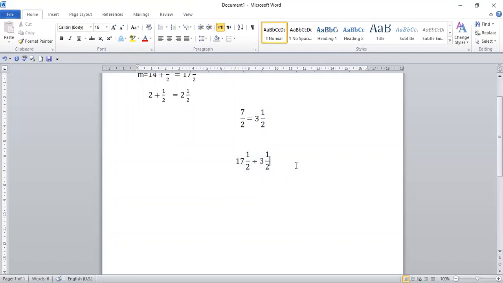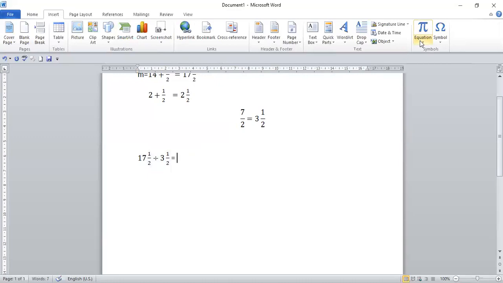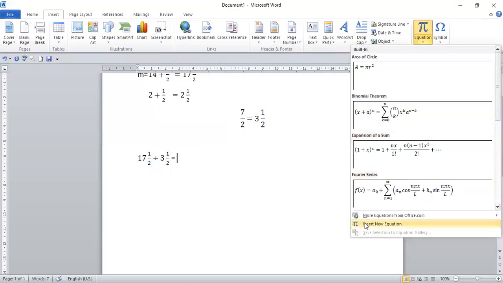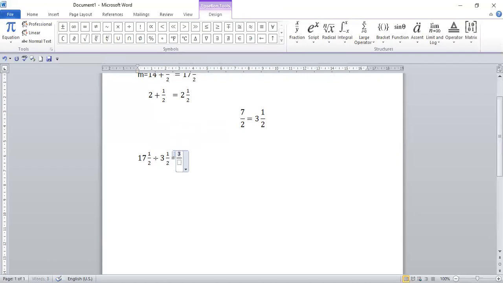You have to change them to improper fractions and then use KCF. I told you it's a bit lengthy one, but let's change this to improper fraction first. How do you change this to improper fraction? 2 multiply 17 is going to give you 34. 34 plus 1 is going to give you 35. So your answer for this is 35 over 2. Then again, 2 threes are 6. 6 plus 1 is going to give you 7 over 2.